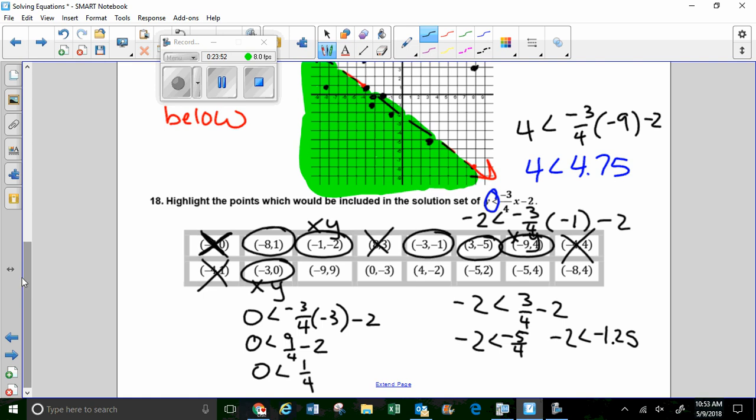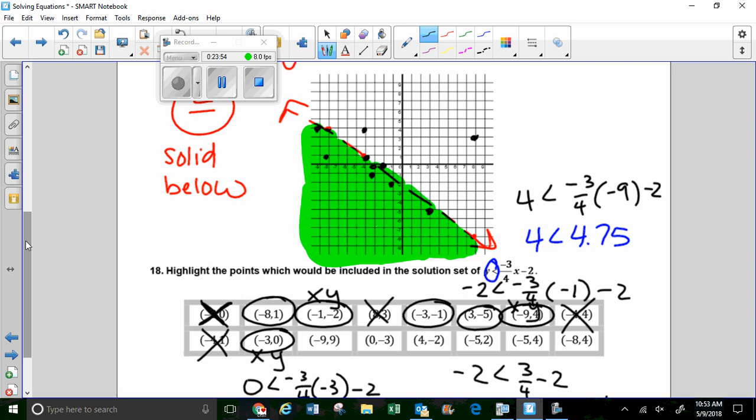-9, 9. That is going to be way out of the solution region. 0, -3. It's going to be just inside. And then 4, -2. Nope. -5, 2. Yes, that would be a solution. -5, I think I went too far actually. -5, 1, 2, 3, 4, 5, 2.